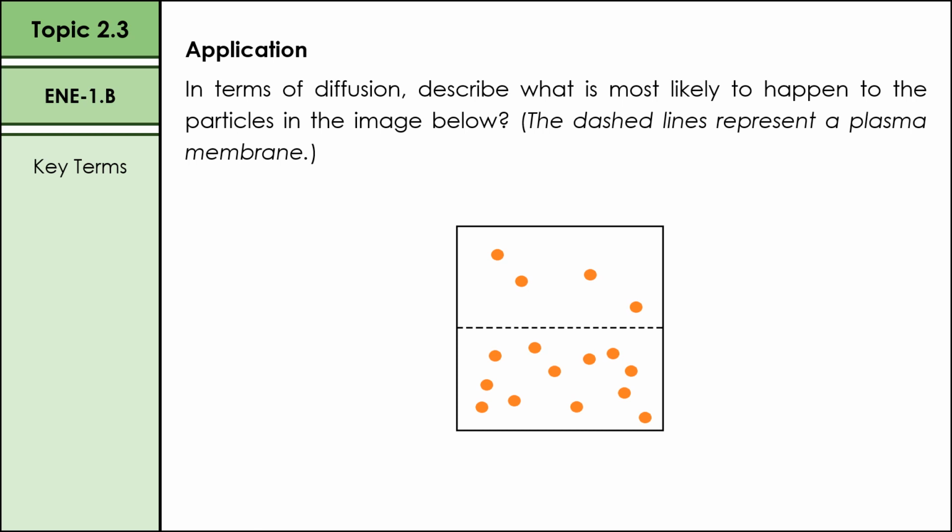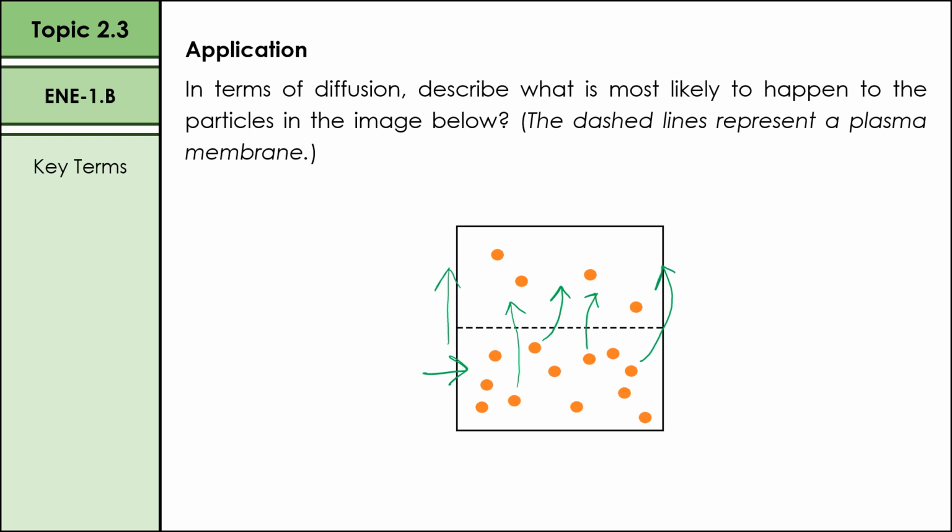So diffusion tells us that molecules are going to move from an area of higher concentration to an area of lower concentration. What we should see is that our molecules, in this case being selectively permeable to our membrane, will move from one side where they are at higher concentration to the other side where they are at lower concentration.